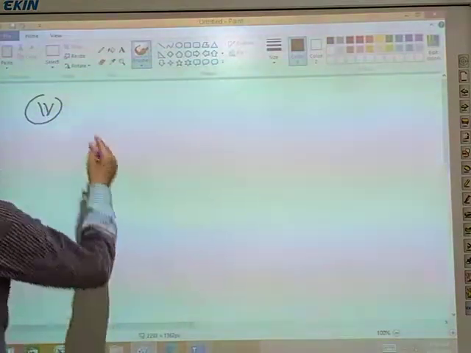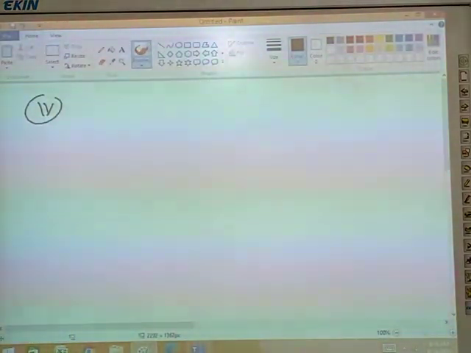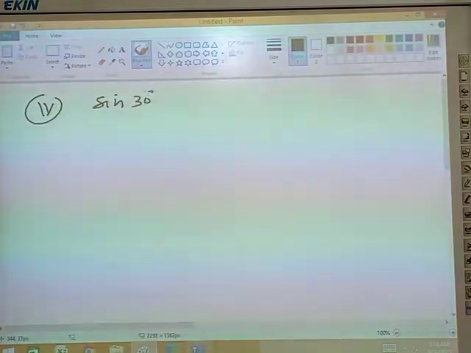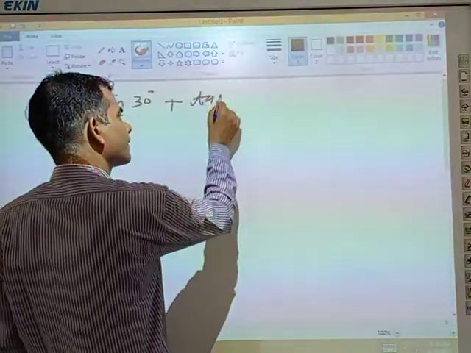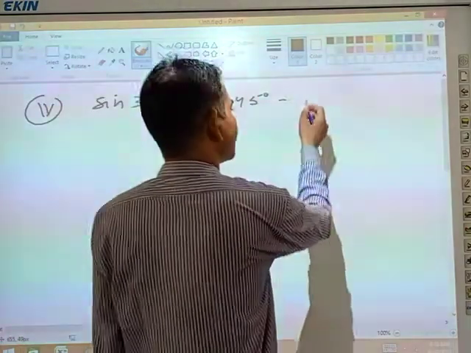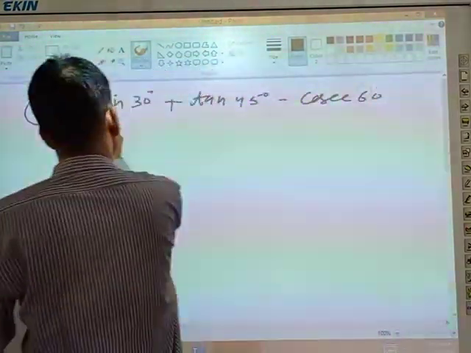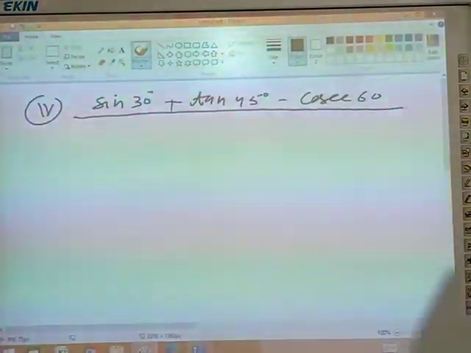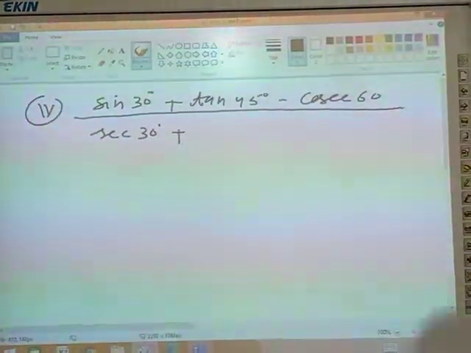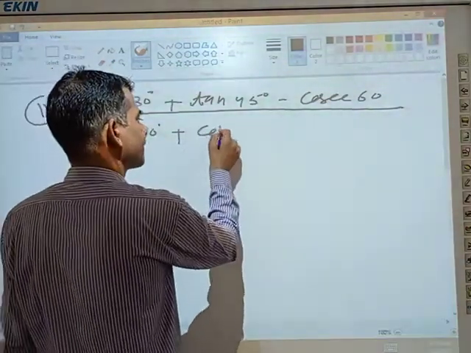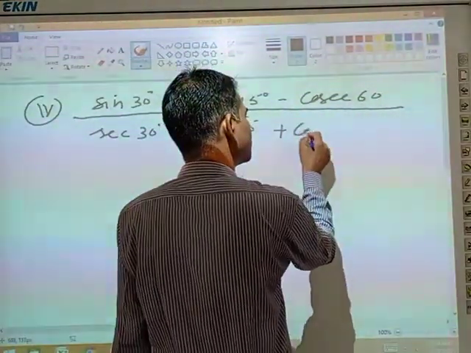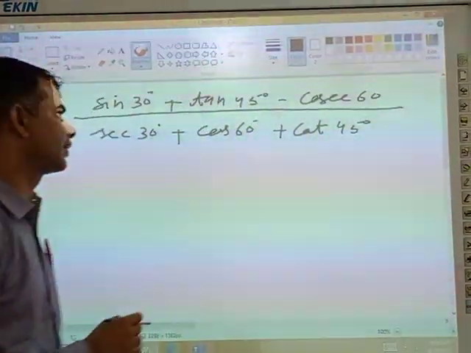Fourth part: sin 30 degree plus tan 45 degree minus cosec of 60 degree, upon sec 30 degree plus cos 60 degree plus cot 45 degree, cos 45 degree.